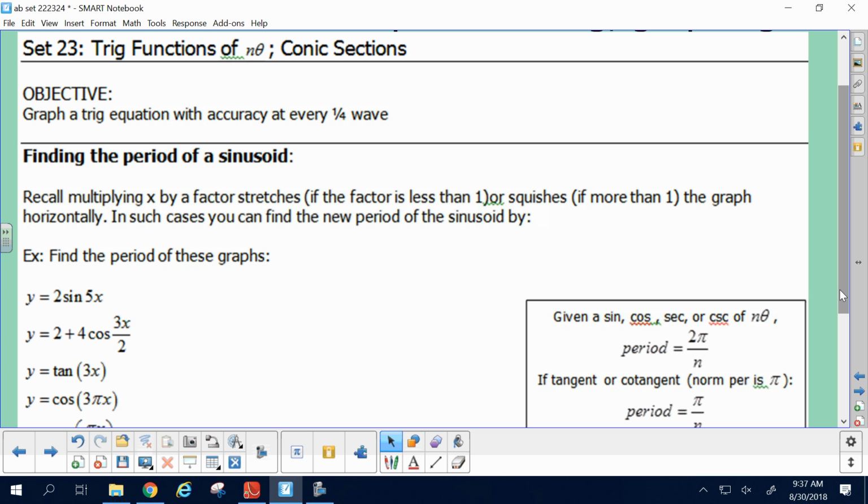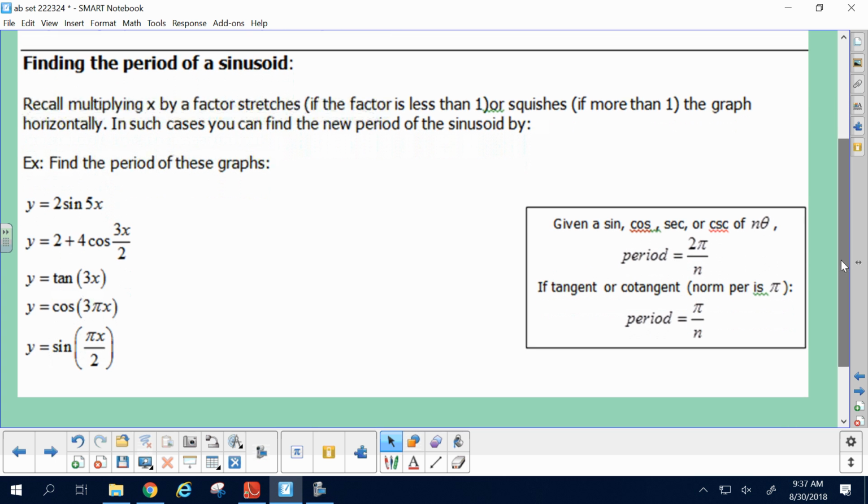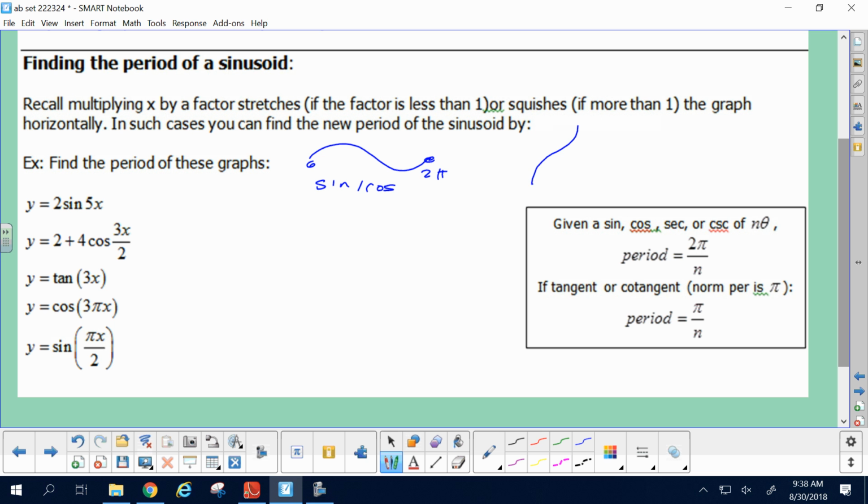Are you ready? All right. It goes like this. First of all, you must be able to graph a sinusoid. You must first know how to find the period. To find the period, you should know that the normal period of sine or cosine is 2 pi. We will be working in radians, all right? The normal period for tangent or cotangent, how long does it take to go through a full graph structure?